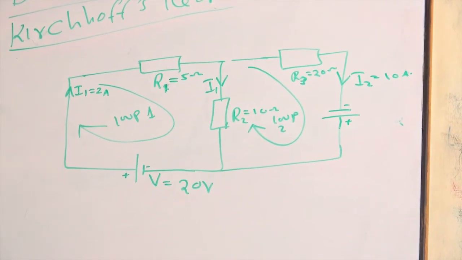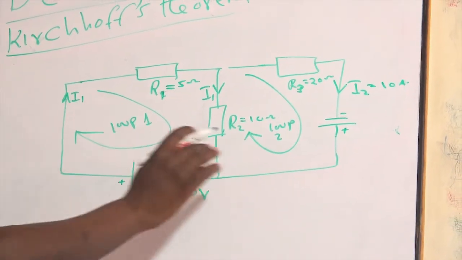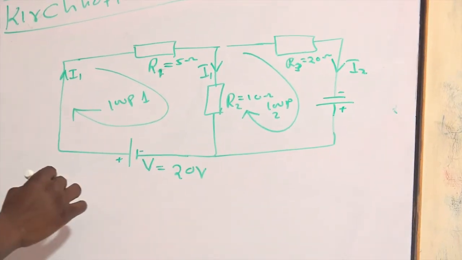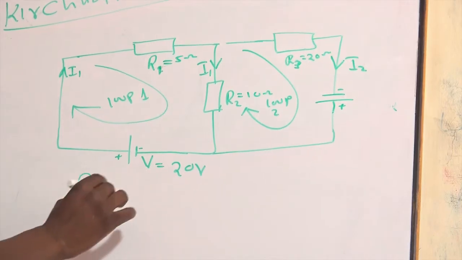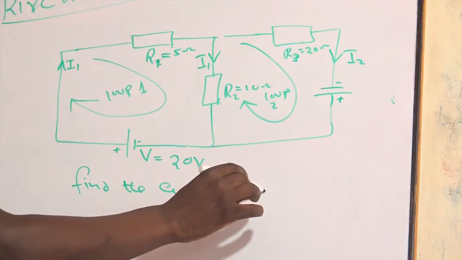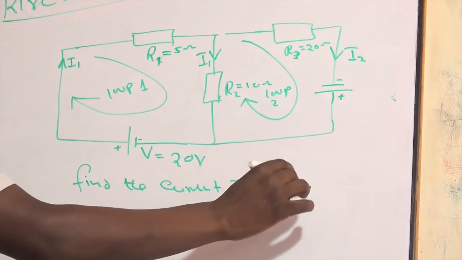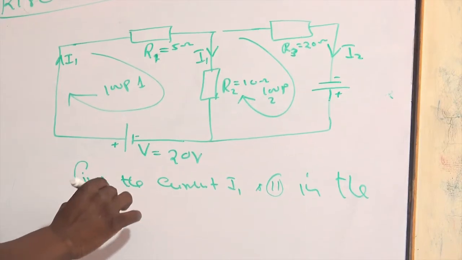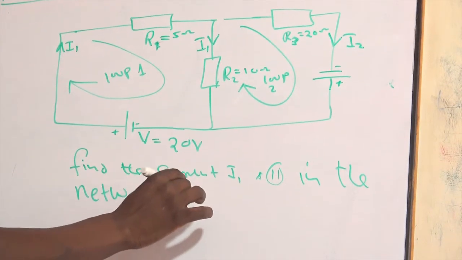We say the currents are not known, so we are finding the value of the currents. So the question is: find the currents I1 and I2 in the network above.